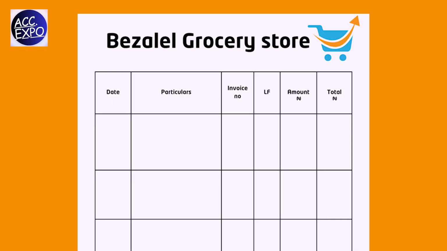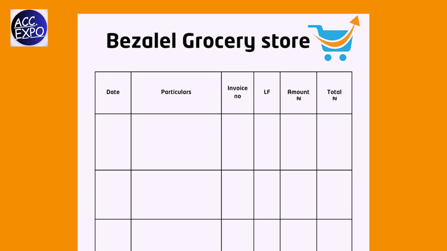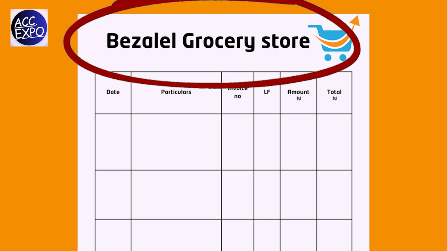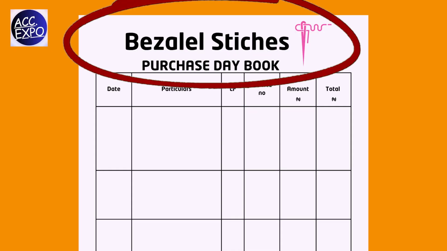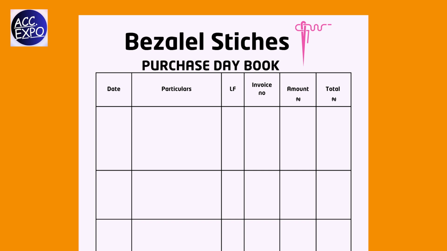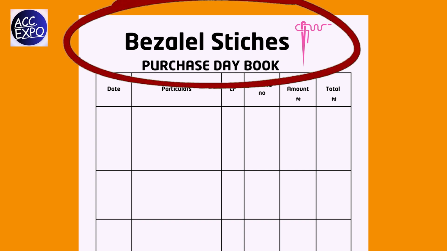Let us look at the format of the purchase day book, that is the columns of the purchase day book and what it looks like. First and foremost, on the format, the name of the entity involved is what is written first. For this illustration, it will be Bezali Stitches that will be written as the entity title, followed by the day book we are preparing, which is purchase day book.